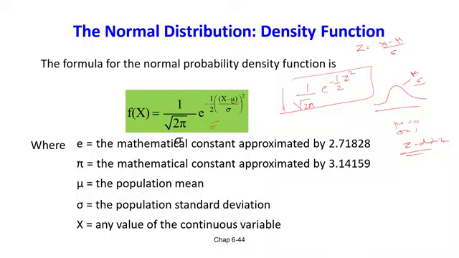Here e is the natural logarithm constant 2.71, pi is 3.14, mu is the mean, and sigma is the standard deviation. Now this is my normal distribution.